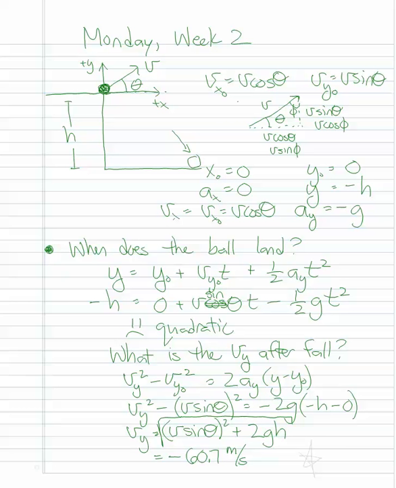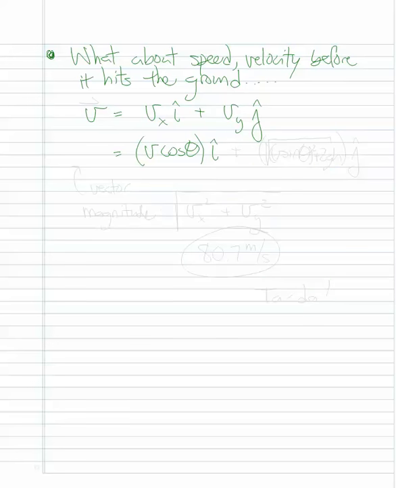And you know what's interesting? We actually already have the y velocity. Yeah, I'm going to come over here and make a star next to that. See, it did pan out for me. So what I had left is the minus 60.7.